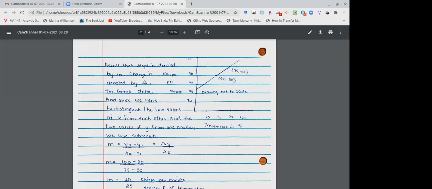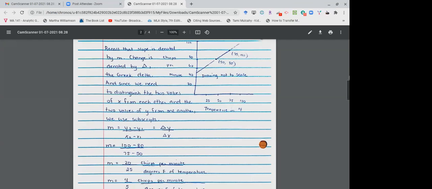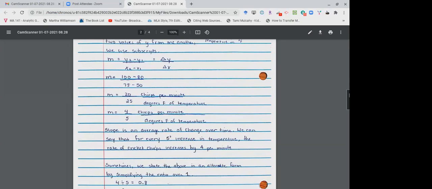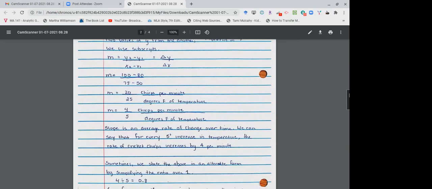So we have m is equal to y sub 2 minus y sub 1 over x sub 2 minus x sub 1. And the triangle is the Greek letter delta, which means change. So we have delta y over delta x. M is equal to 100 minus 80 over 75 minus 50, and so we get m is equal to 20 over 25, or 4/5.